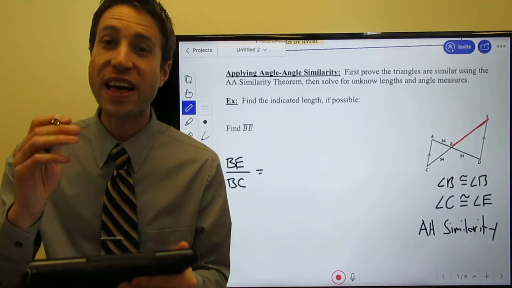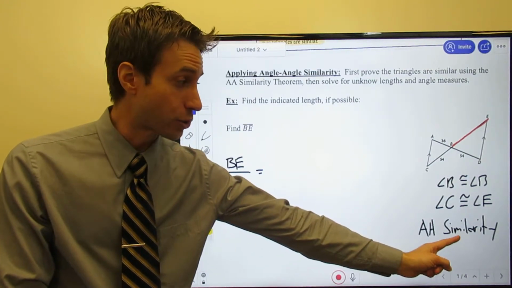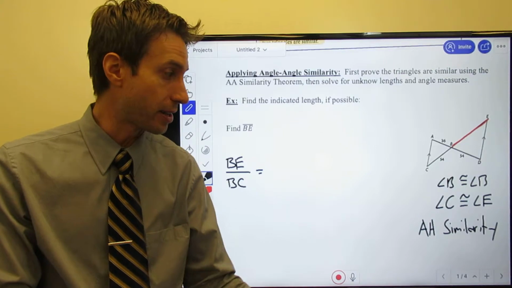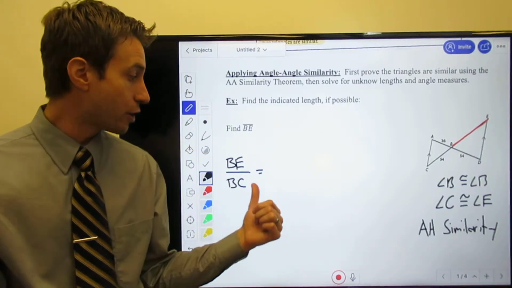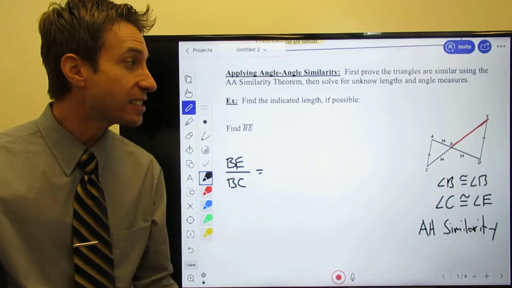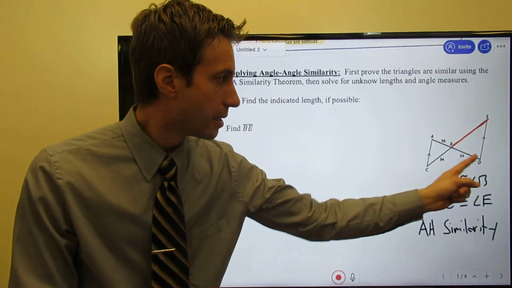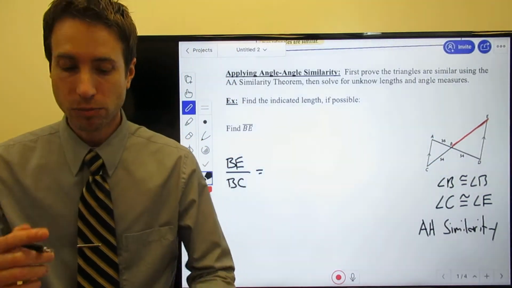And because the triangles are similar, I just proved they're similar using the angle-angle triangle similarity theorem, I know that that ratio has to be equal to, well, look at this, BD and AB.